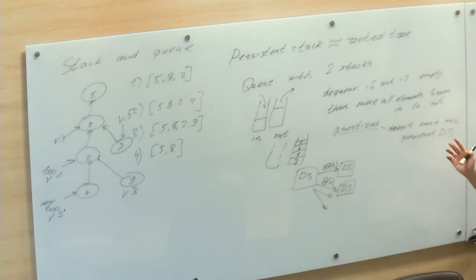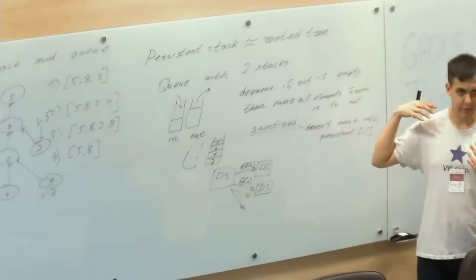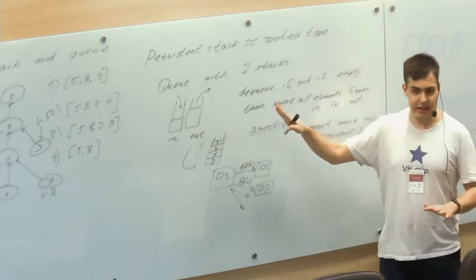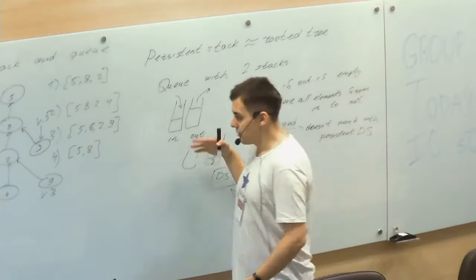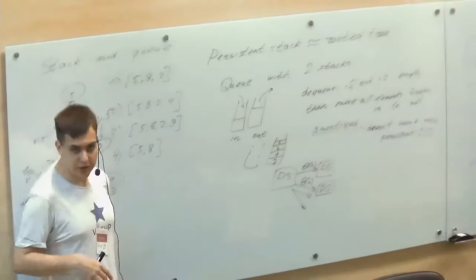There is still a way to implement a persistent queue or even a persistent deque, but the algorithms for that are harder. And I can explain in not a lot of detail how the persistent queue using the same principle works.